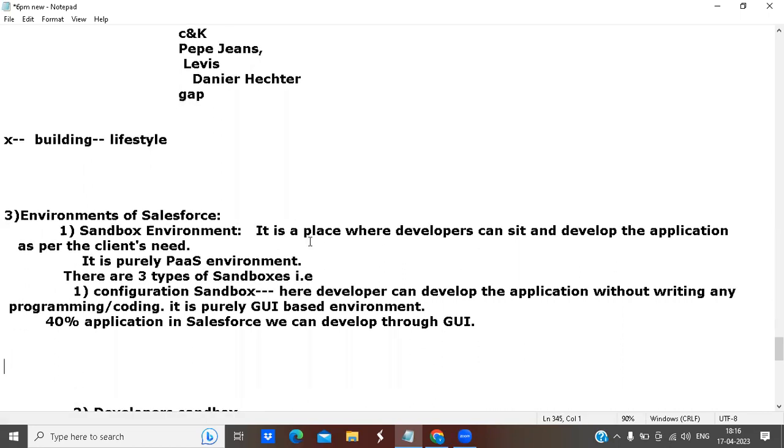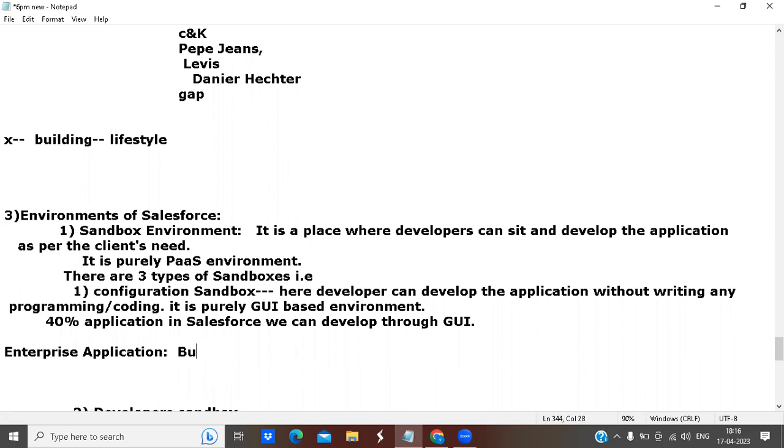Guys, one important thing I need to discuss at this particular point of time. Have you heard the name called Enterprise application? No one? Okay, no problem. Enterprise application is the combination of three different applications.